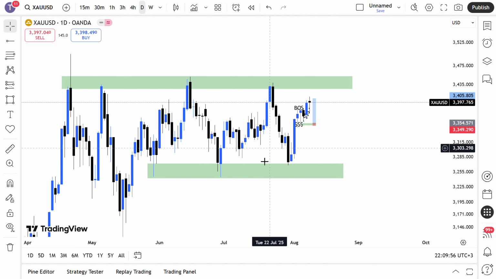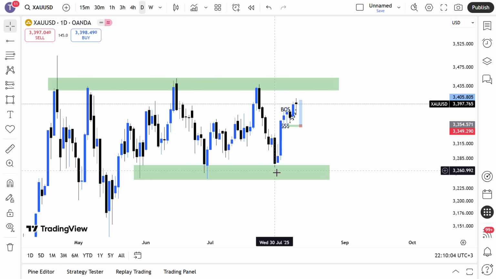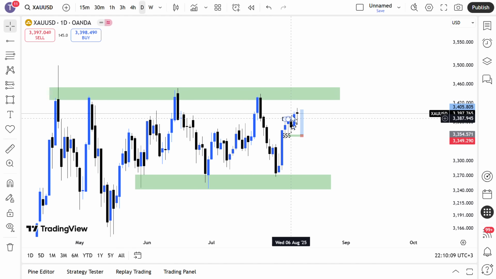The market is currently reacting from this low, and then we have this selling pressure from this high. So I see the market is trying to react from this low to the upside. So the next point of interest will be this high. We want to see if the market will be having a selling pressure from this level.